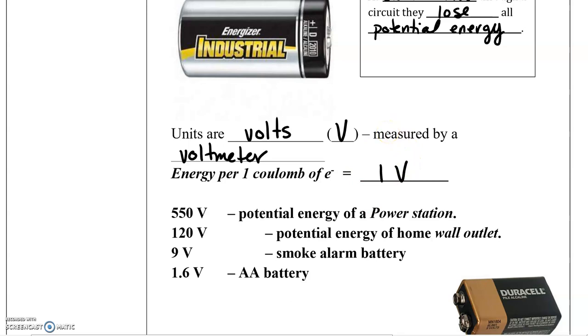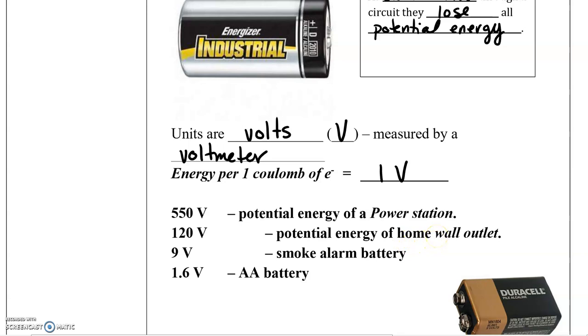And just to give us a sense, 550 volts is the potential energy of a power station. So as electrons leave the power station, they leave with 550 volts each, but when they come back, they come back with 0. 120 volts is the potential energy of a regular home wall outlet.